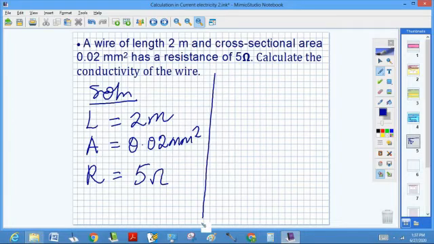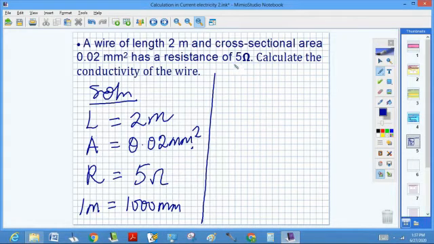So we move ahead. By moving ahead, we have to first of all convert this cross-sectional area in millimeter square to meter square. We know that 1 meter is equal to 1,000 millimeters. So we are going to convert for easy calculation. We need to convert millimeters square to meter square.